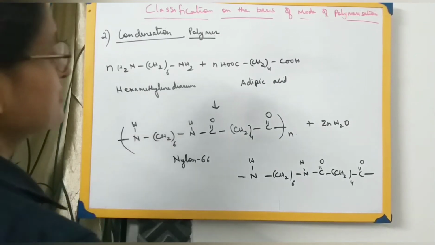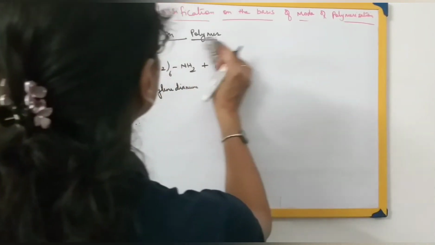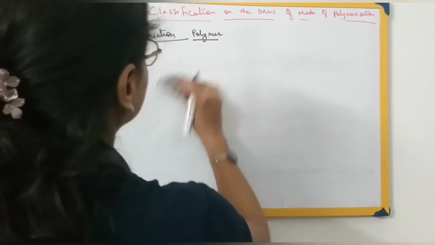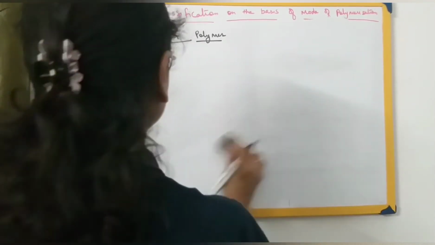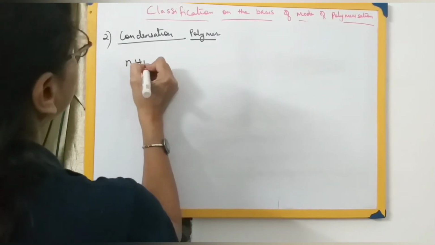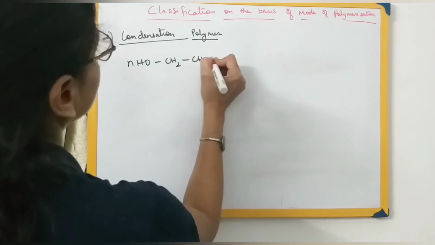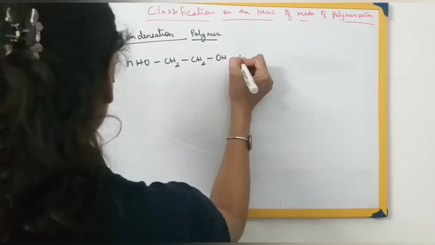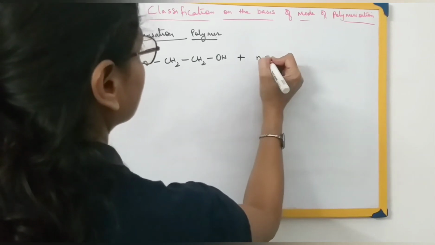Let us have another example of condensation polymers. We will take n molecules of ethylene glycol plus phthalic acid.